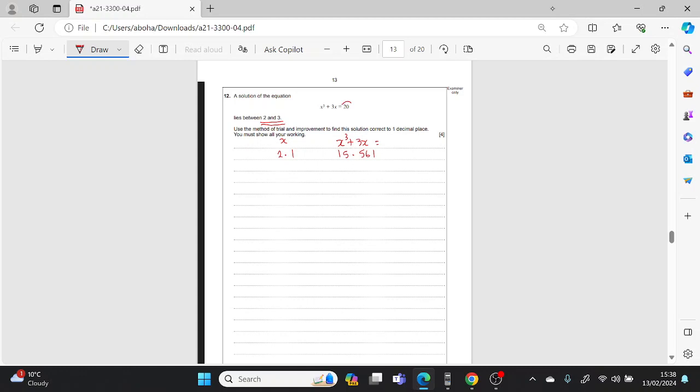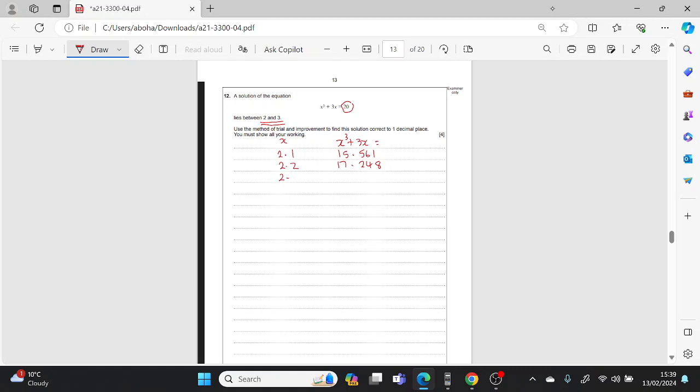Obviously, you won't get this as your answer, as I've said on other videos. That is too small compared to 20, so now we go to 2.2. And of course, if you put 2.2 in, you get 17.248. And then we just keep going and keep going.